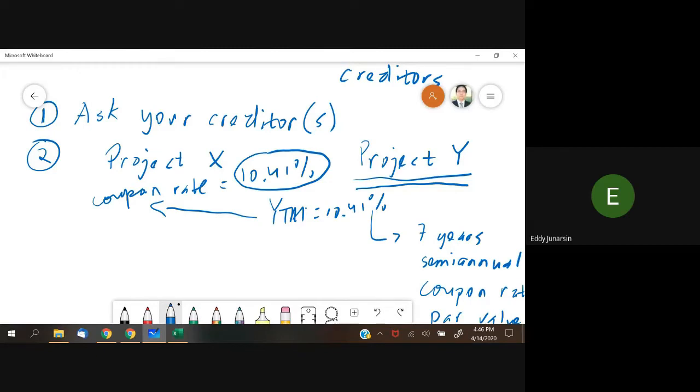We are assuming that if our project is relatively similar to that of another company, then if we are going to issue a similar bond right now, the coupon rate that we have to pay would resemble the yield to maturity earned by the other project from another company.